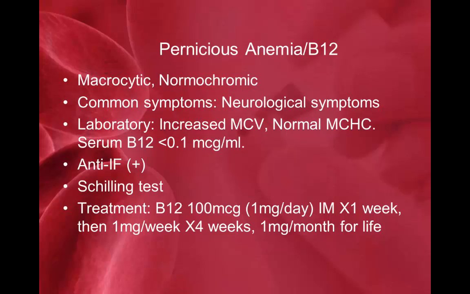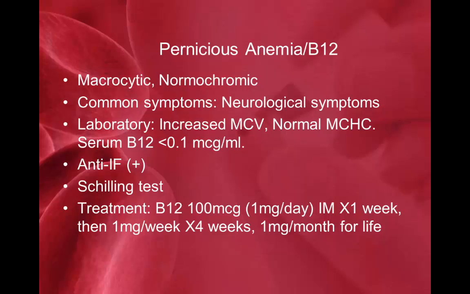Remember that intrinsic factor is the factor present in the stomach, with the acidity of the stomach, that participates in the absorption of vitamin B12. So patients have deficiency of intrinsic factor. These patients could also be patients that have gastric bypass. So the antibody against the intrinsic factor will be positive.